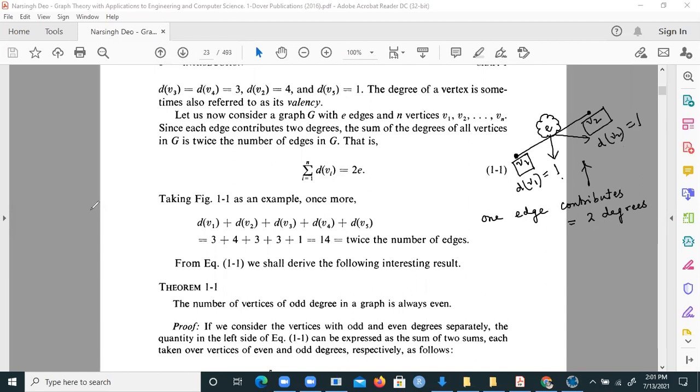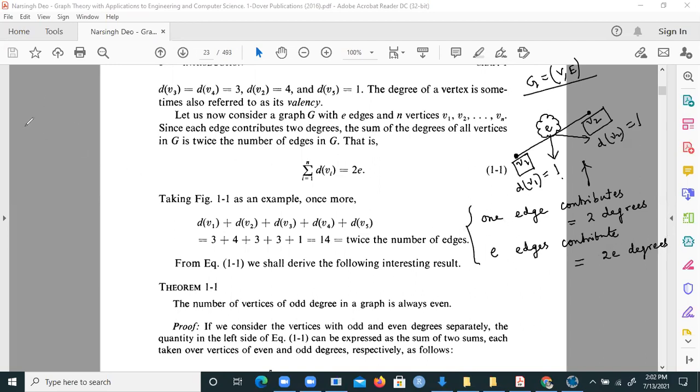Now, if I consider my graph to be capital G, and in this graph small e number of edges are present, then if one edge contributes 2 degrees, e edges contribute twice e degrees. It's a simple unitary method that I have applied here.